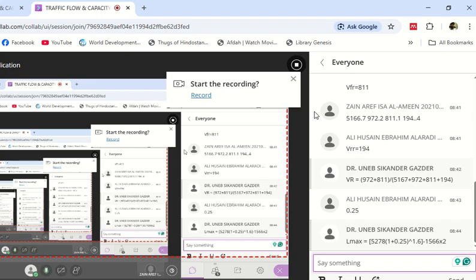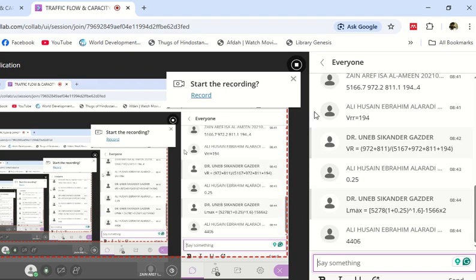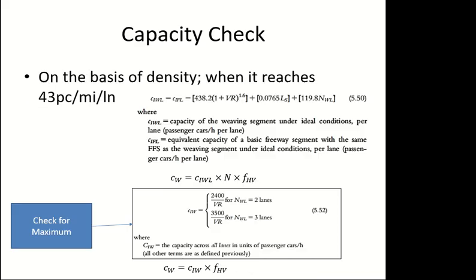Okay, how much is this? Okay, so if the given length is less than this, then we can consider the weaving segment.